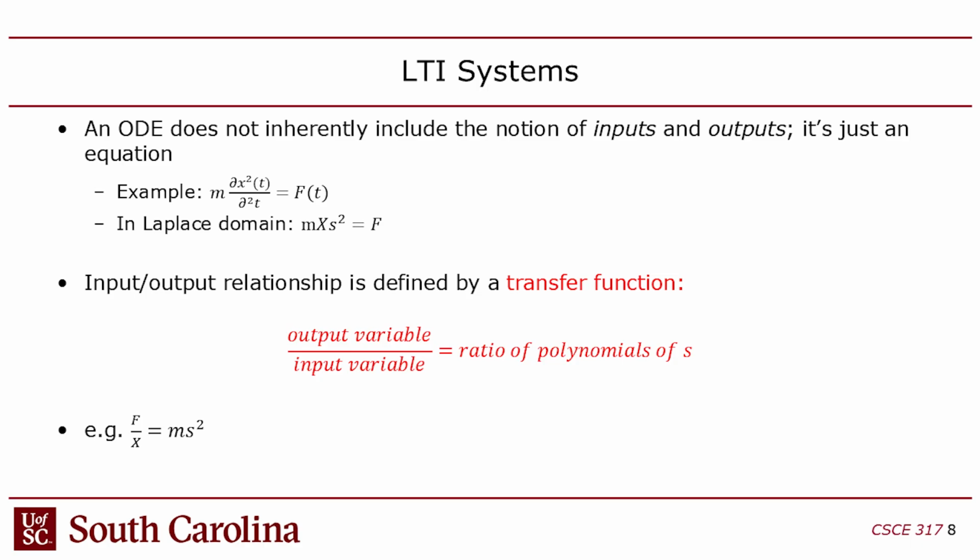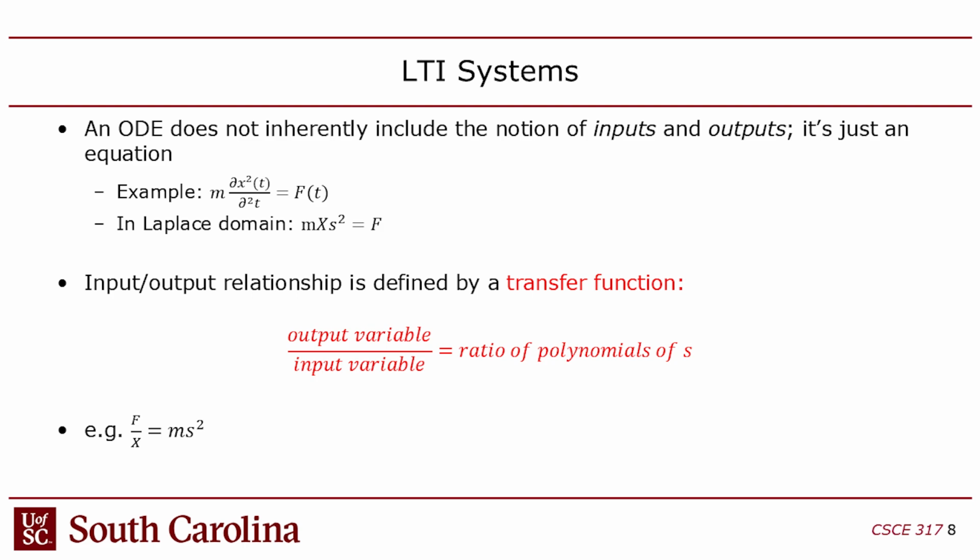So that's equivalent to the second derivative. And then f of t just becomes f of s. You don't really do anything to it because it's not a derivative or integral. You just go from of t to of s. That's all you do, right?